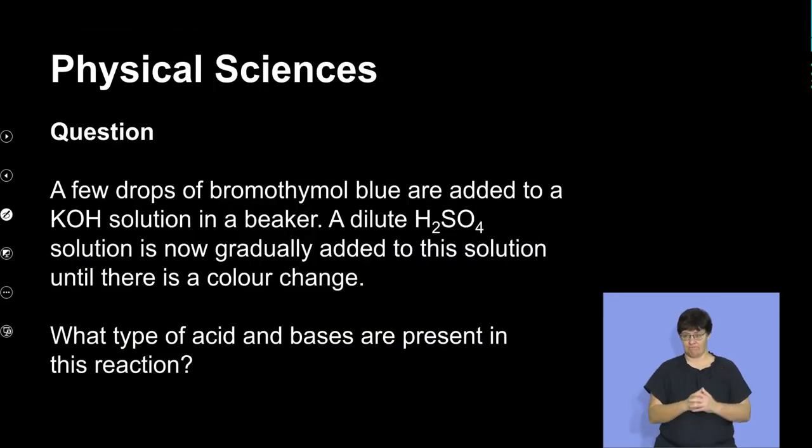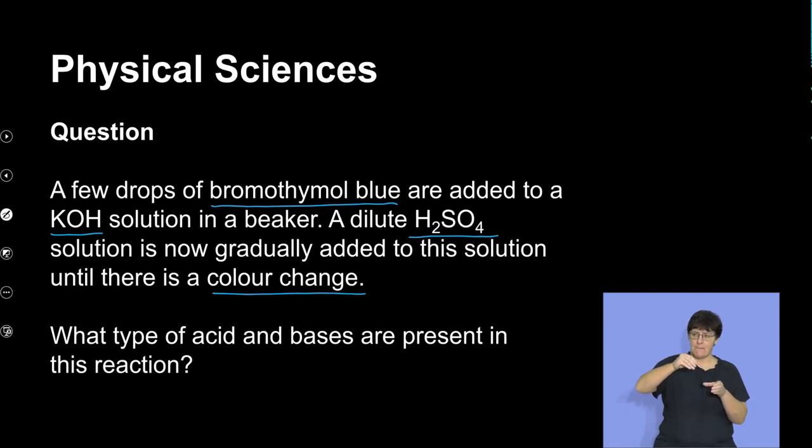Right, the question reads: a few drops of bromothymol blue, okay? So this is an indicator added to a potassium hydroxide solution in a beaker. A dilute sulfuric acid solution is now gradually added to this solution until there is a color change, right?